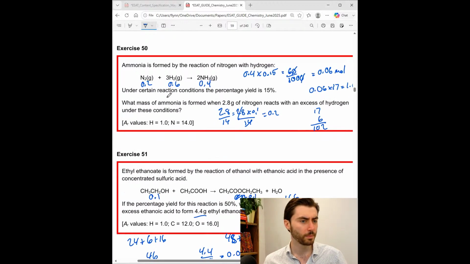The percentage yield is 15% of nitrogen. Oh, okay. Sorry, that was silly on my part. I divided by 14, which is a single nitrogen. In fact, I should have divided by the Mr of N2, which is 28, and that's why this went wrong. That was actually 0.1. That was actually 0.2. See, sneaky that. I really got called out there.